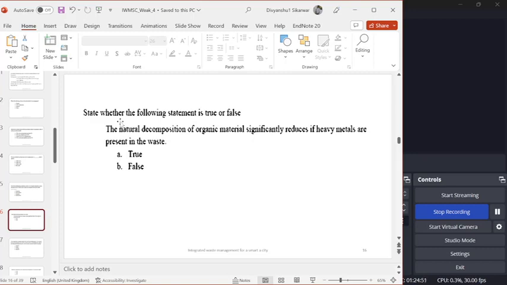Because most of the time, the presence of heavy metals is toxic to microorganisms present in the environment. Okay, yes. So on that basis, you can answer. Yeah, on that basis it can affect.